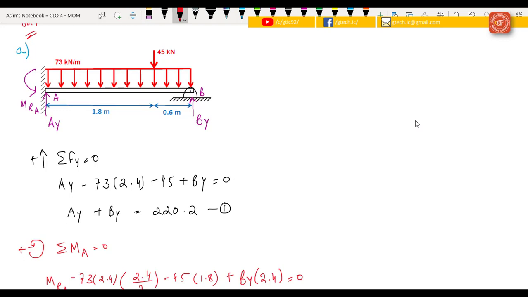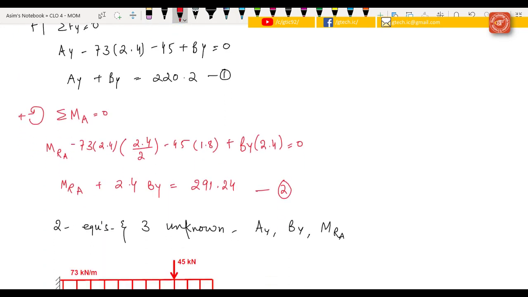As this is the UDL load, the resultant load is acting at the center. So the distance from the center to this point would be 2.4 over 2, minus 45, the point load that is acting over here, times the distance, that is 1.8, plus By that is acting upward, and the distance from this to this point is 2.4, equal to 0. And then equation 2 will become Mr at point A plus 2.4 By is equal to 291.24.